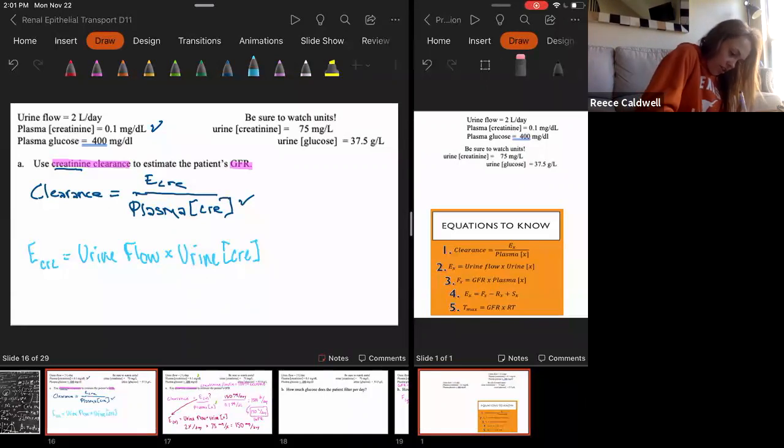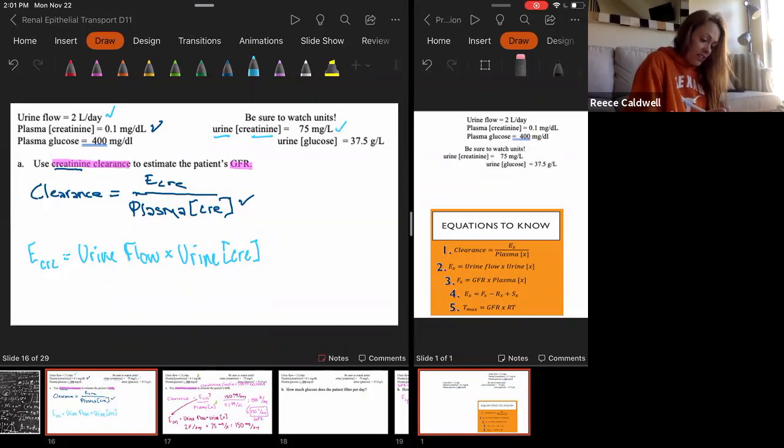So we are given urine flow right here, and we are given the urine concentration of creatinine. Make sure you're looking at the correct concentrations and the correct areas. We're looking at the urine, not the plasma right now. We're looking at the urine.